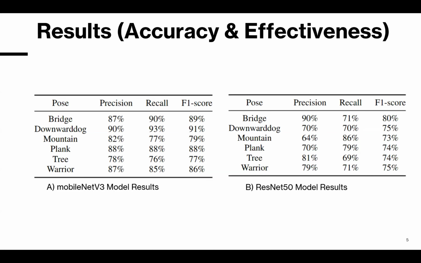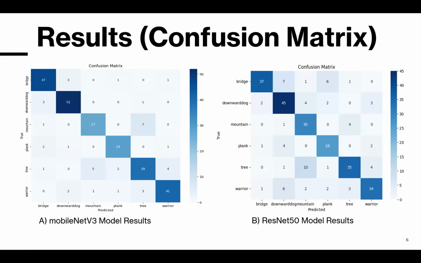And as we can see in the tables here, our model shows consistency and accuracy, and it shows higher overall scores, such as F1 scores and precision scores, in comparison to the corresponding ones on the ResNet 50 results, which can also be noticed in the following confusion matrices.